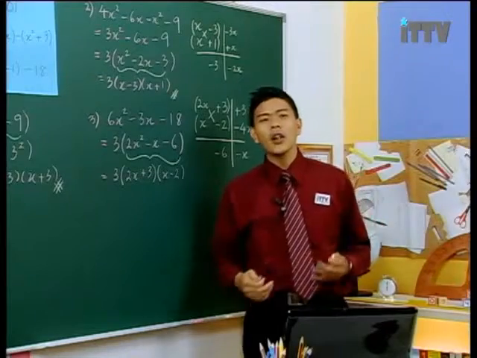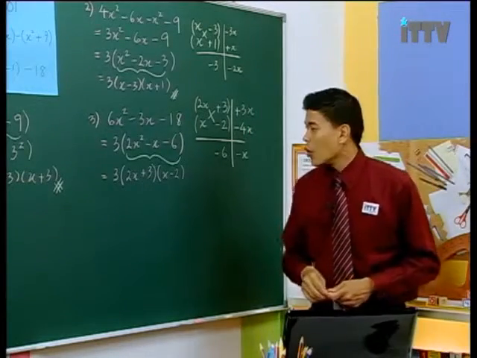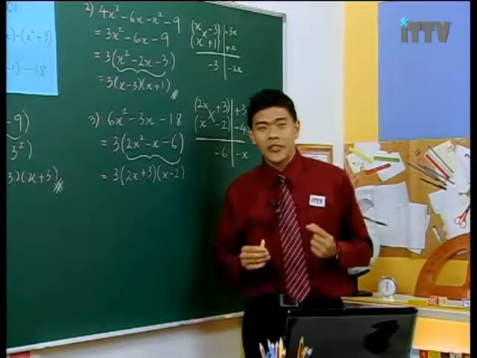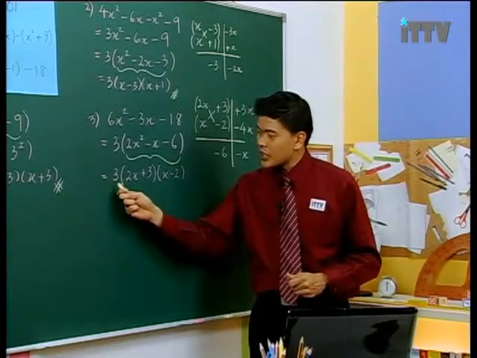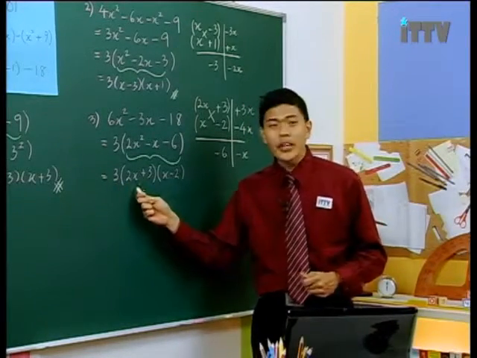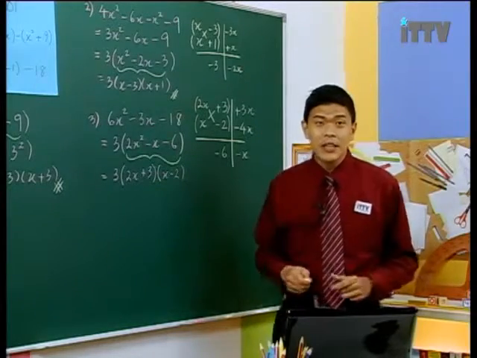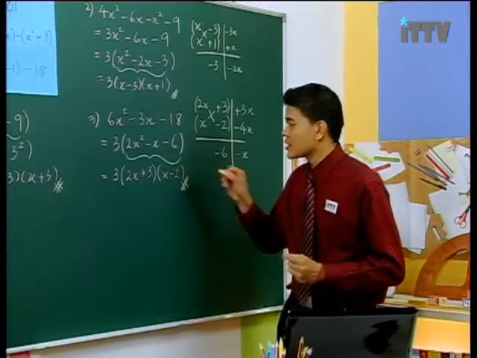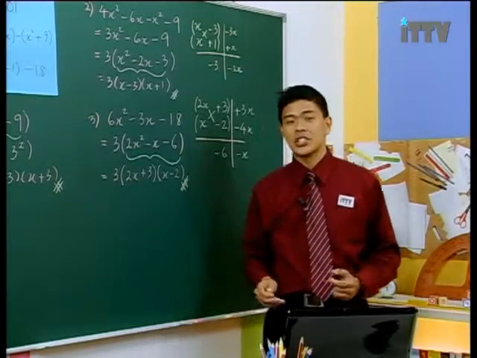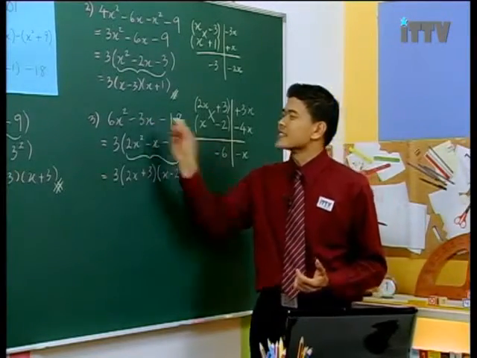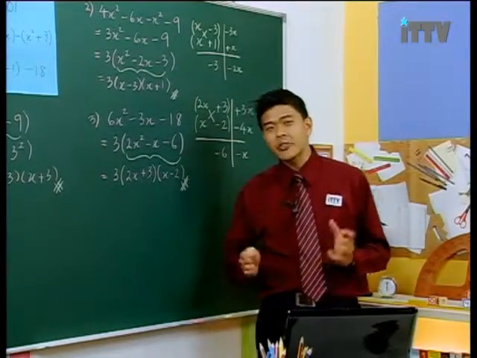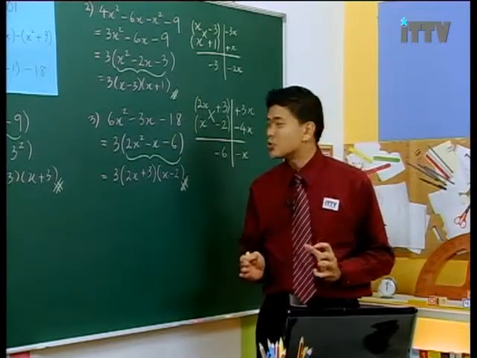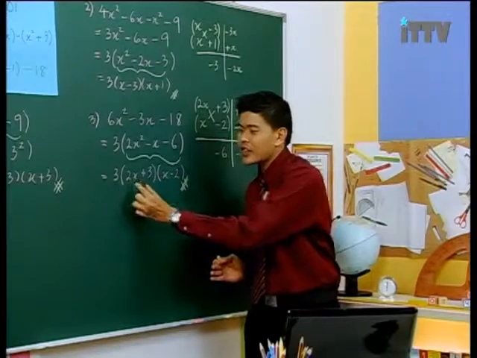So for the whole expression, what do we have? 3 factors. 3 is the first factor, 2x plus 3 and x minus 2. So when you have done that, you have managed to complete the factorization. You have separated the quadratic expression from its original state into the 3 factors that make it up.